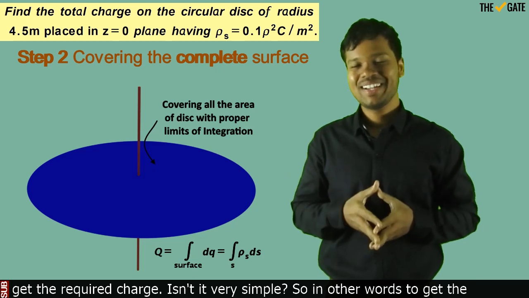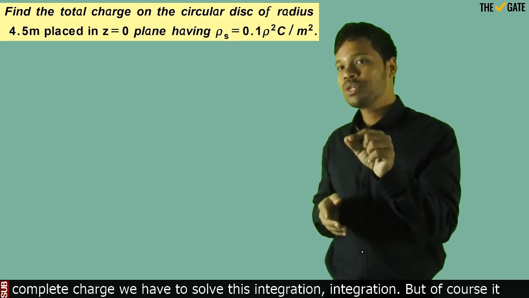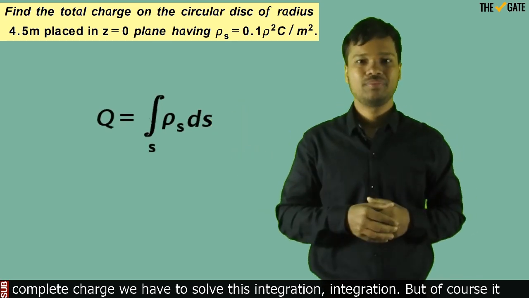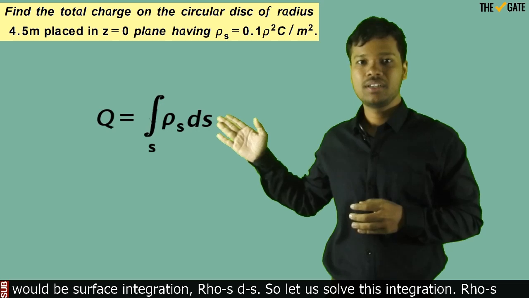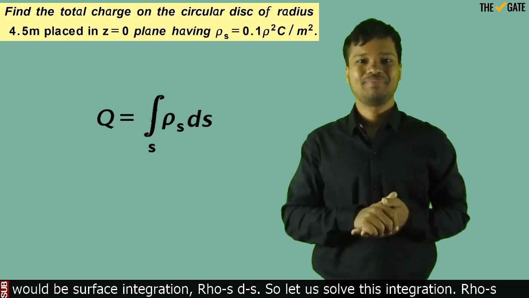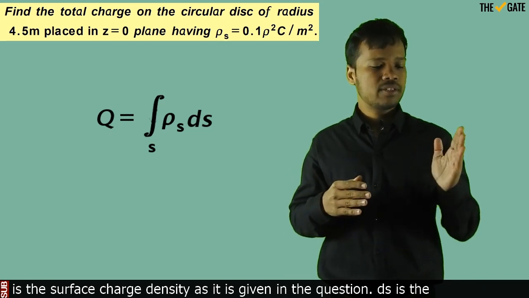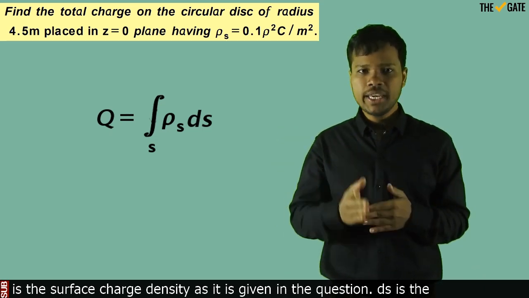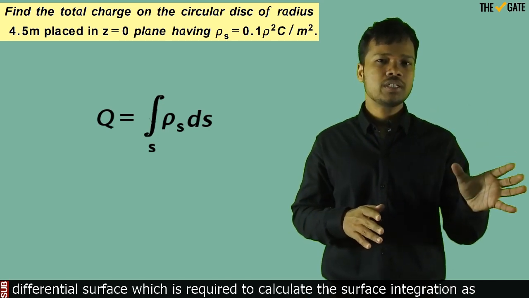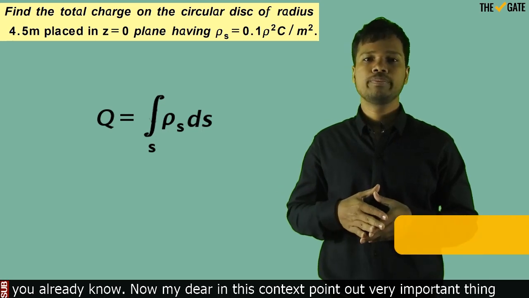Isn't this very simple? So in other words, to get the complete charge, we have to solve this integration. Of course, it would be a surface integration, integral of rho s ds. So let us solve this integration. Rho s is the surface charge density as it is given in the question. ds is the differential surface which is required to calculate the surface integration, as you already know.